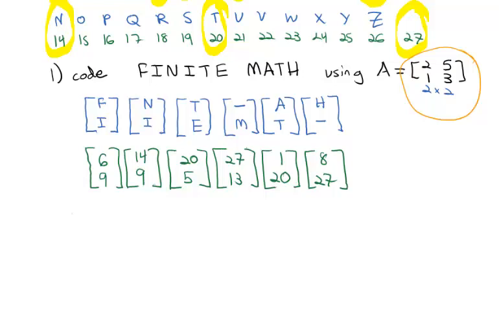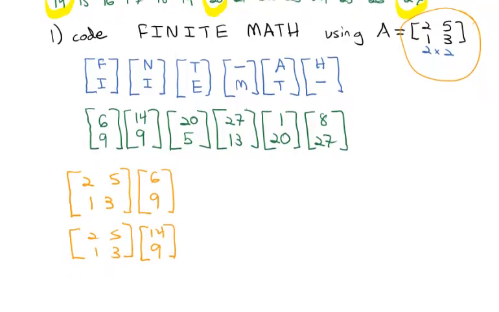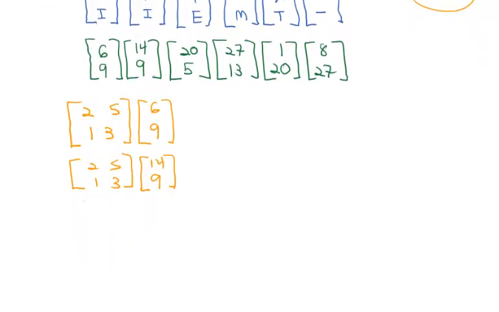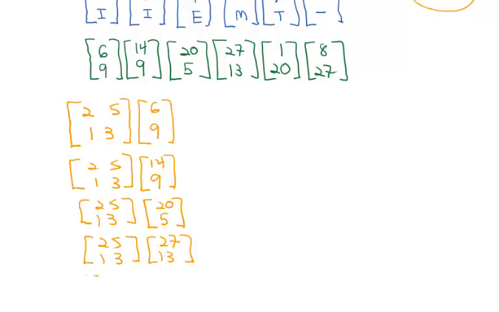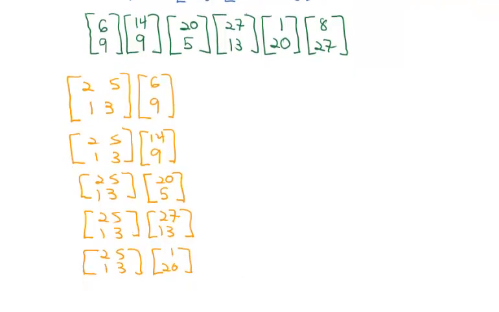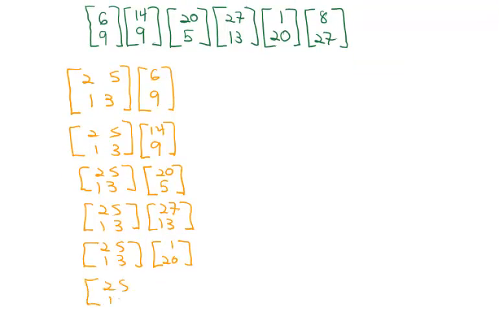Then we are going to multiply the key, which was that matrix A, [2, 5; 1, 3], times each of these matrices: times [6, 9], times [14, 9], times [20, 5], times [27, 13], times [1, 20], and finally times [8, 27].